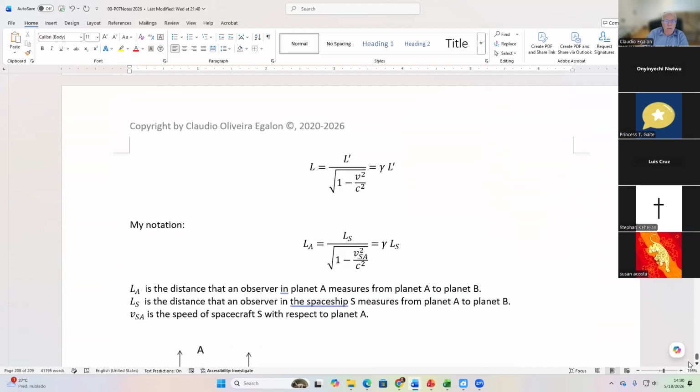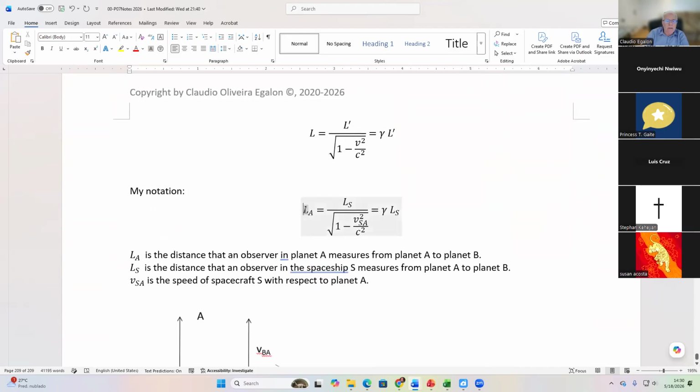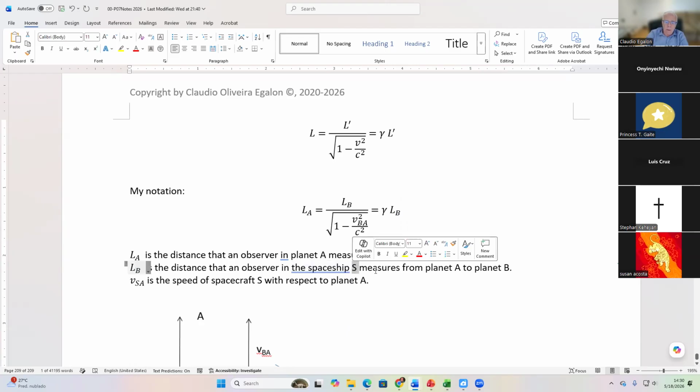Okay, so now my notation, right? The distance between planet A and B, distance as seen from referential B, and the velocity of B with respect to A. L sub A is the distance that an observer in planet A measures from planet A to B. L sub B is the distance that an observer in the spaceship measures from planet A to planet D, right?